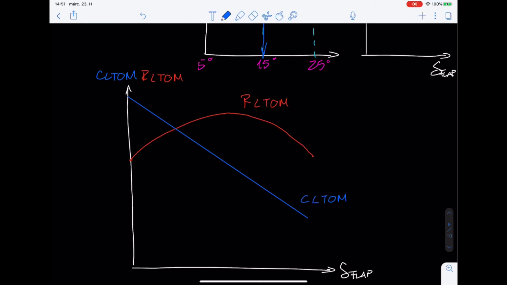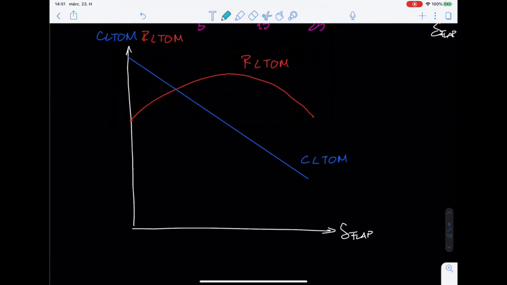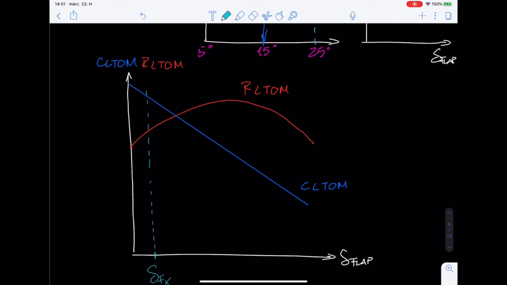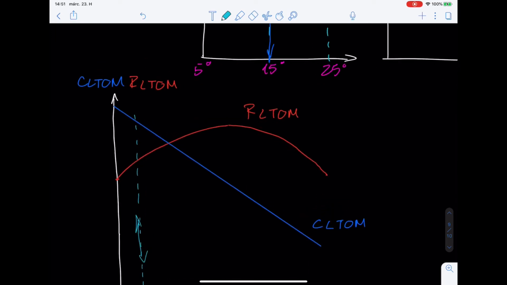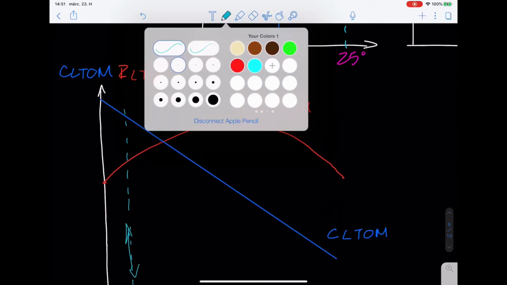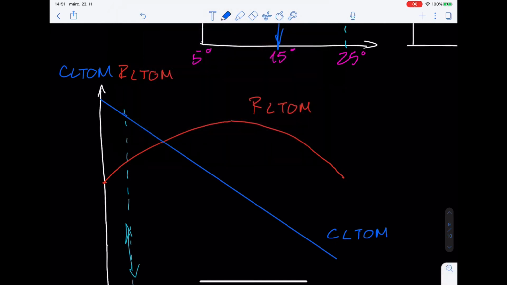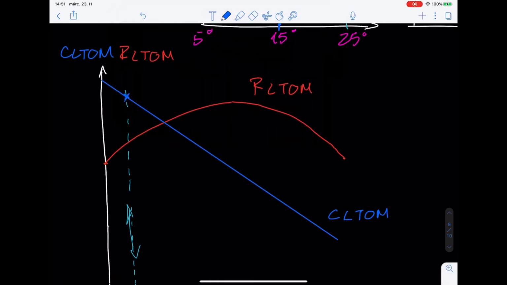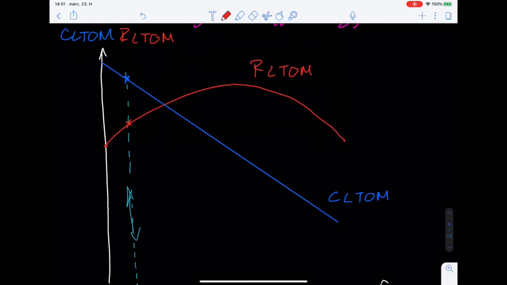Okay, so let's look at different flap settings to examine what our performance limited takeoff mass is going to be. Let's say we use this delta flap X. Along this line, we have two limitations. The first is imposed by the climb limited takeoff mass, and the other by the runway limited takeoff mass.